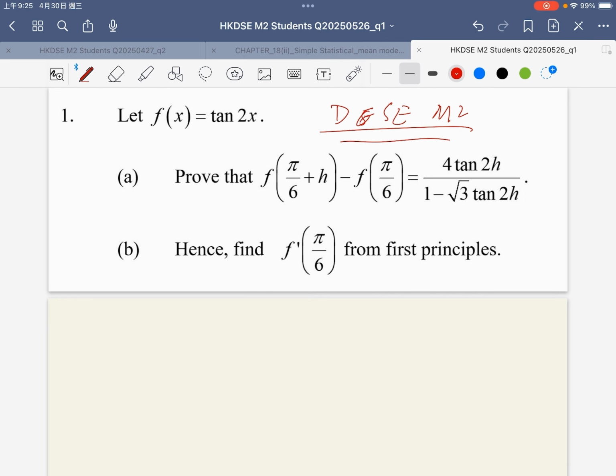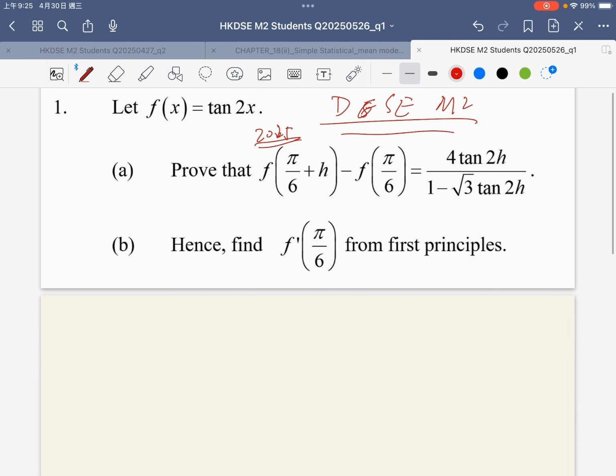When I wanted to present this question, I discovered that most of the questions in his test during this period are very similar to those questions of this year, 2025. For example, this question is similar. It's a first principle question.